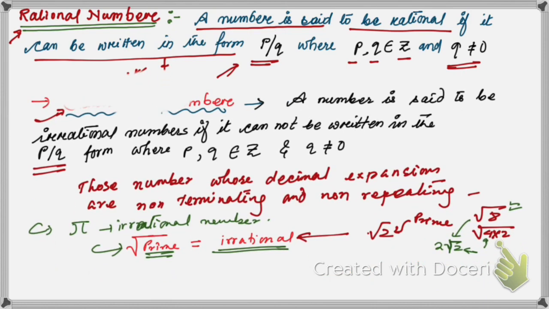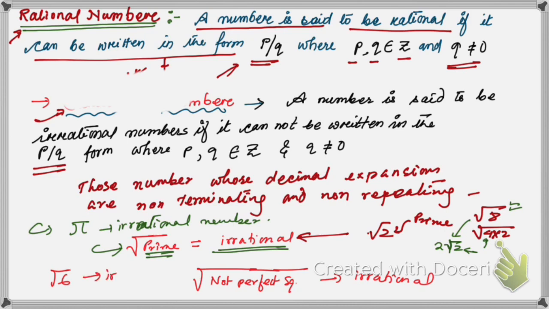That means you can say that if you have a number under root which is not a perfect square, then it's going to be irrational. Suppose you have root 6, which is not a perfect square, so it is also irrational.